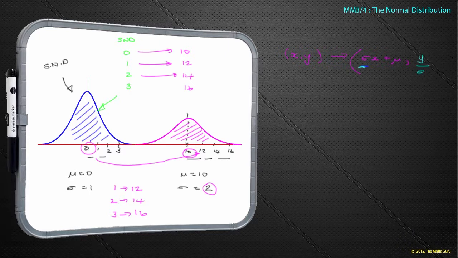All right? So that is pretty much our formula. To map from the standard normal distribution onto our normal distribution, we use this idea here. You take your x values, multiply by sigma and add mu, and our y values are divided by sigma.